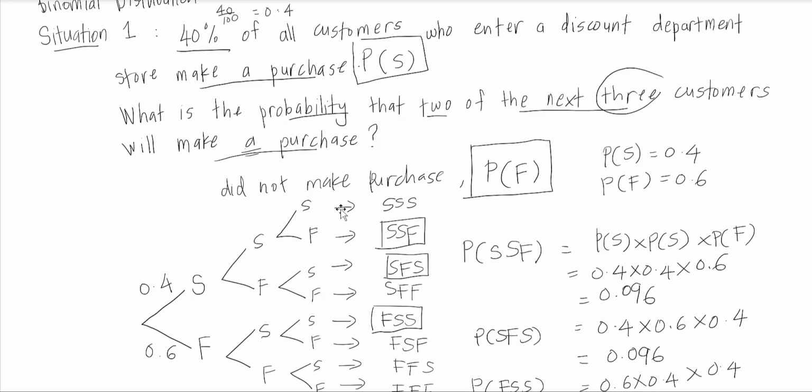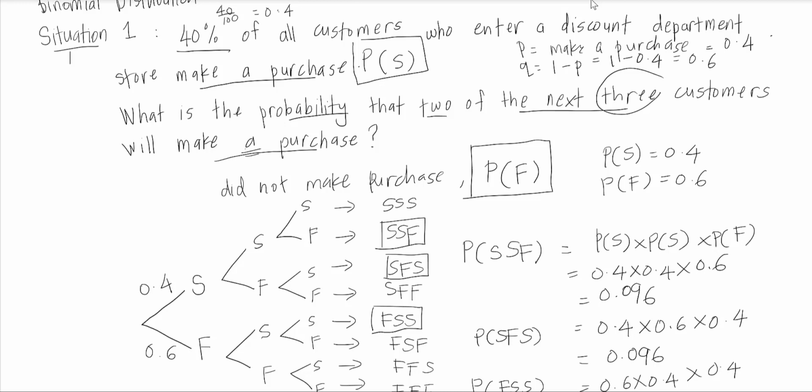So this is your p: the probability that the customer makes a purchase is 0.4. Then our q, for the customer who did not make a purchase, is 1 minus 0.4, which gives 0.6.